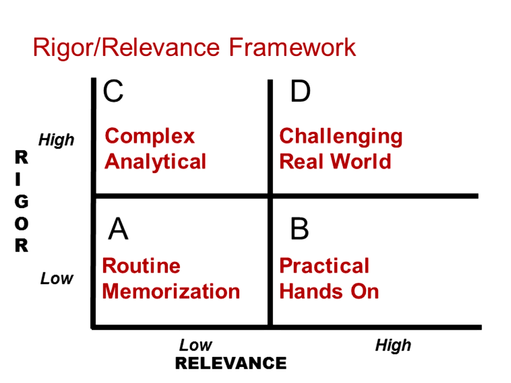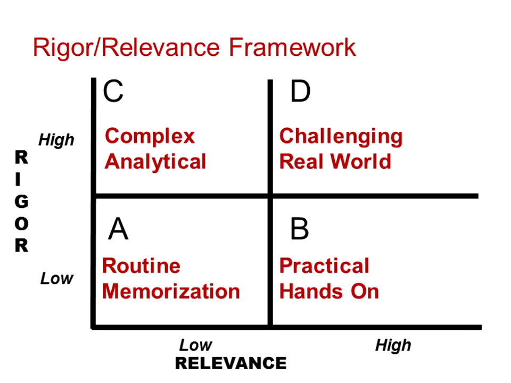So one of the things that we want to think about when you look at both the Common Core and the Next Generation Science Standards is this idea of rigor and relevance. And what we know is that none of these quadrants are more important than the other. They all have their place, but it really is about trying to be appropriate for purpose. So when you ask kids to do routine memorization, it has low rigor and it has low relevance.